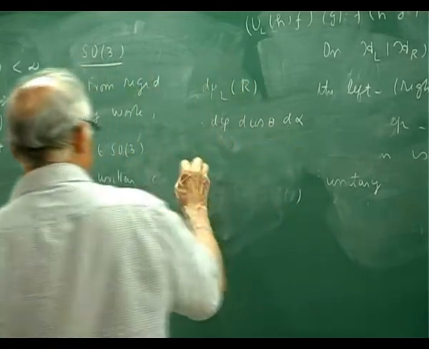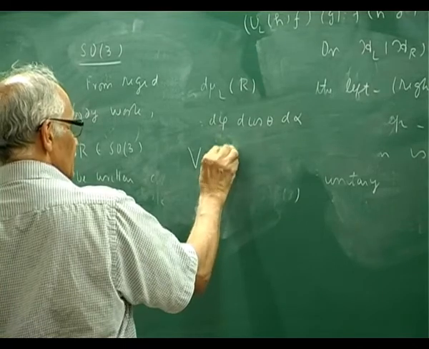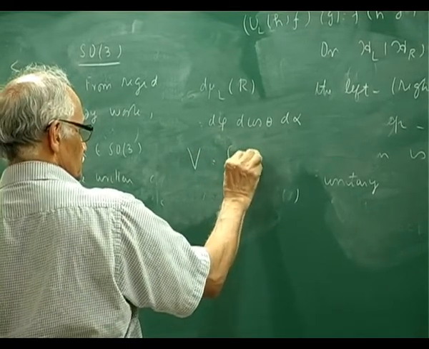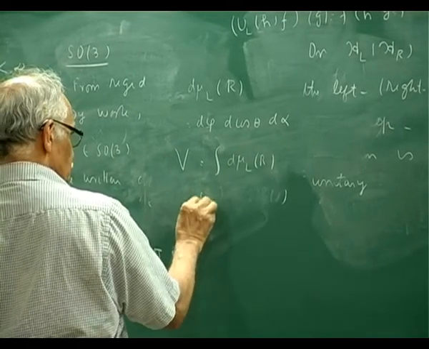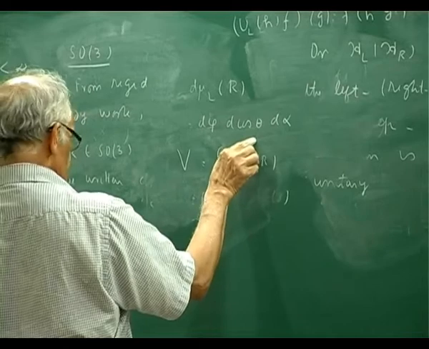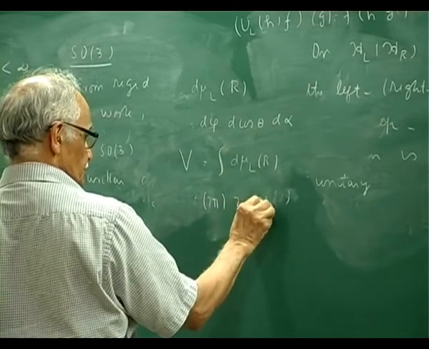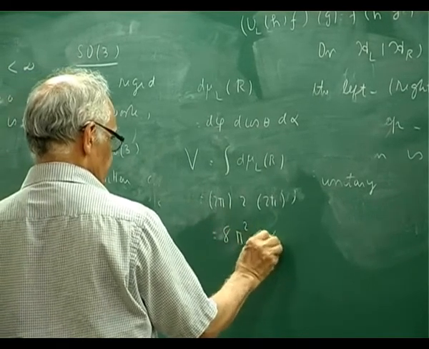But anyway, what I want to compute is the volume, which in this case is the integral of this form. From d phi it is 2 pi, d cos theta from minus 1 to plus 1 gives 2, and this gives you another 2 pi, so 8 pi squared, which is less than infinity.